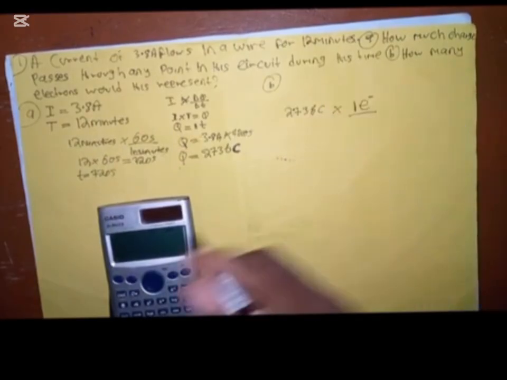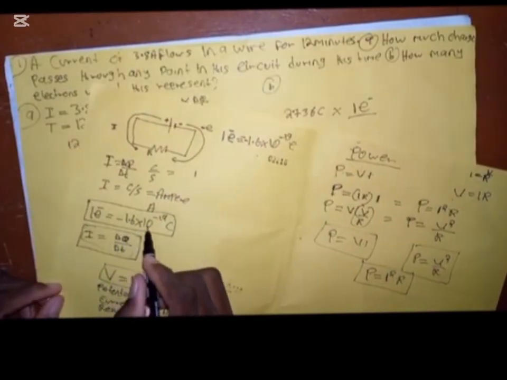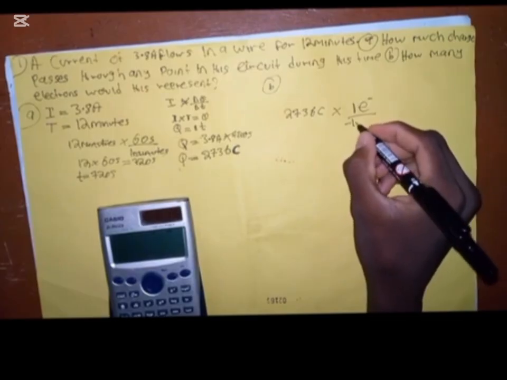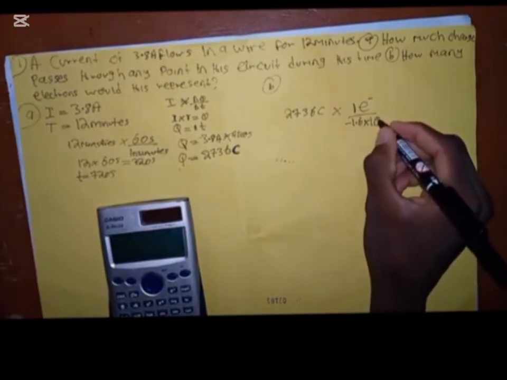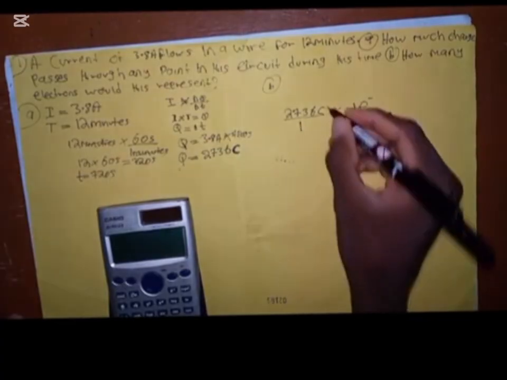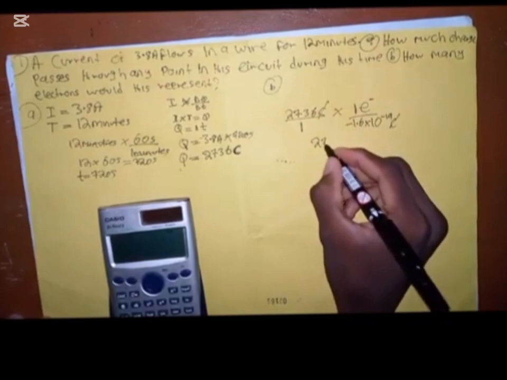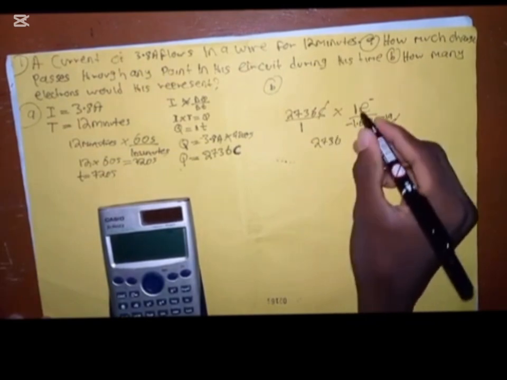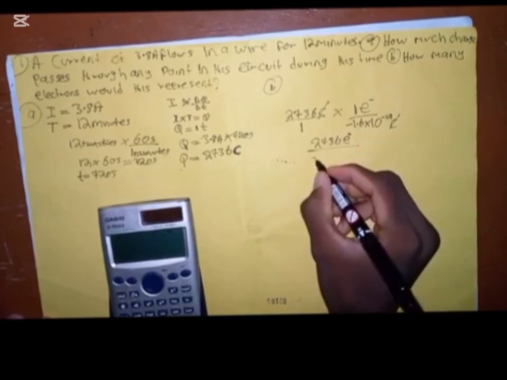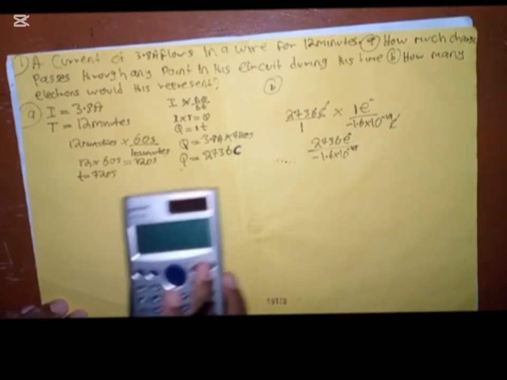If we recall, the electron charge is negative 1.6 times 10 exponential of negative 19 coulombs. Coulombs will cancel coulombs. Therefore 2736 divided by negative 1.6 times 10 exponential of negative 19, so that we can calculate.